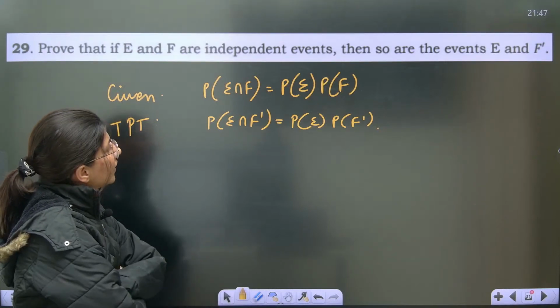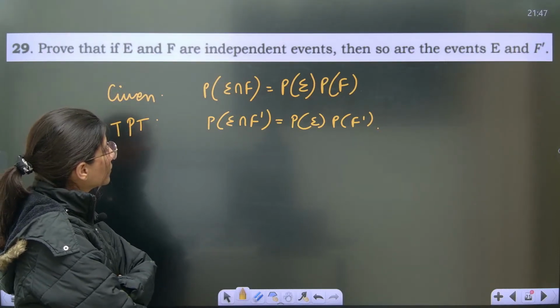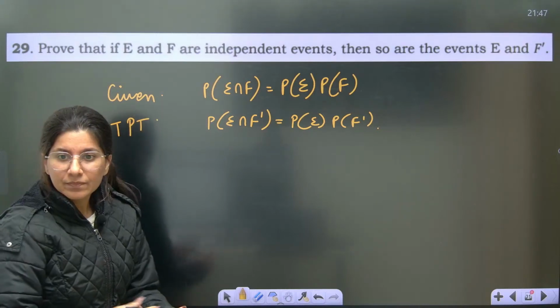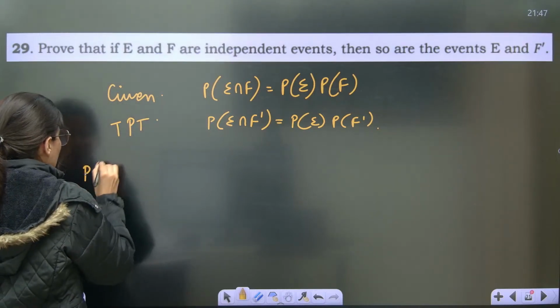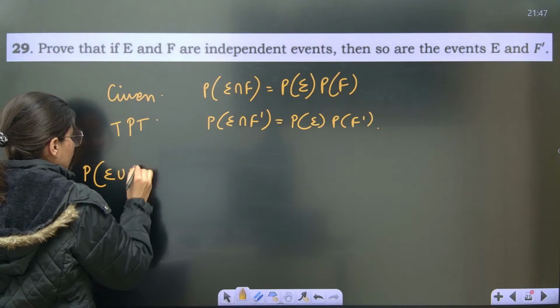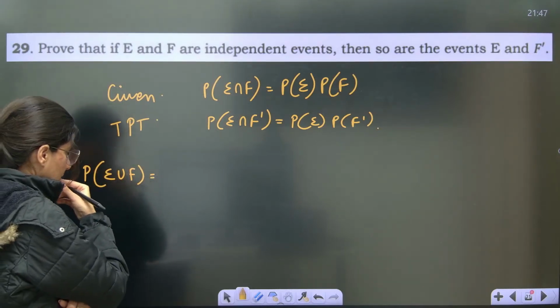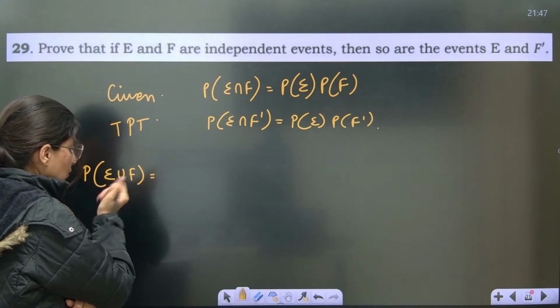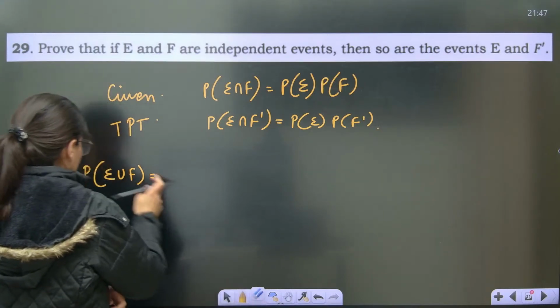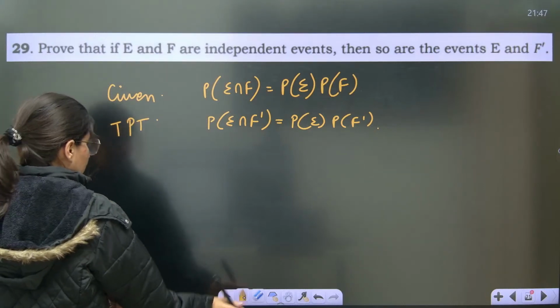Event E and F dash. Okay, chalo. So understand probability of E union F is what? How to get independent event? Wait. Independent event.